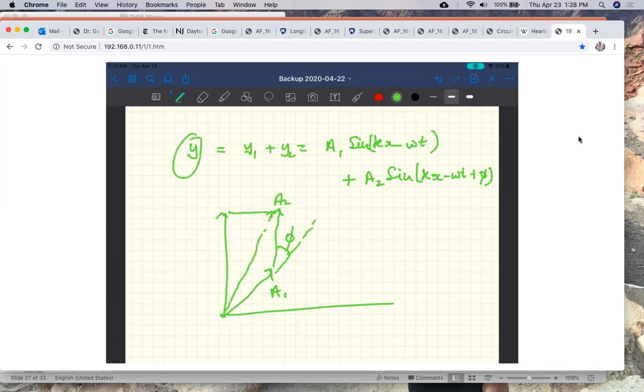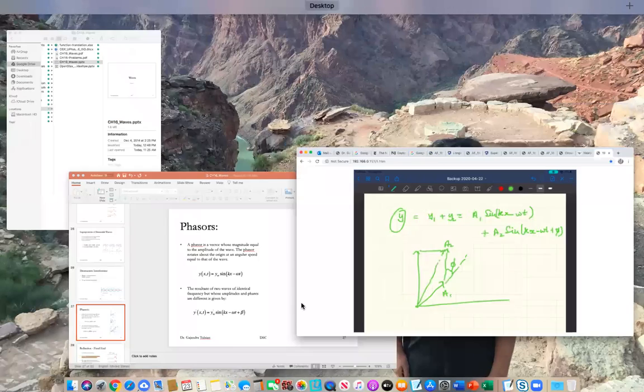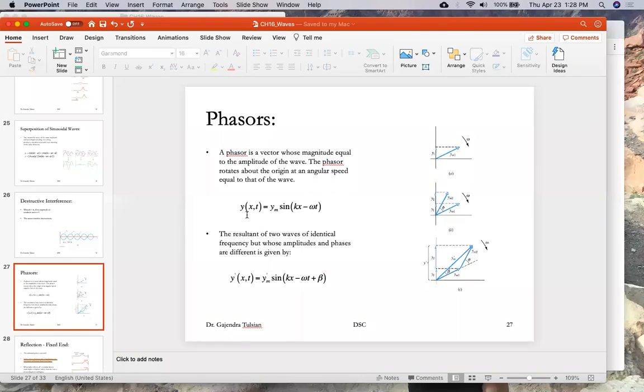So that's how phasors work, and that's what's shown here. Here's y1, and here is y2, and there's the resultant wave, and you would calculate this resultant wave.